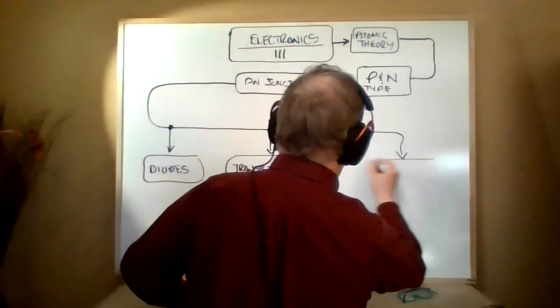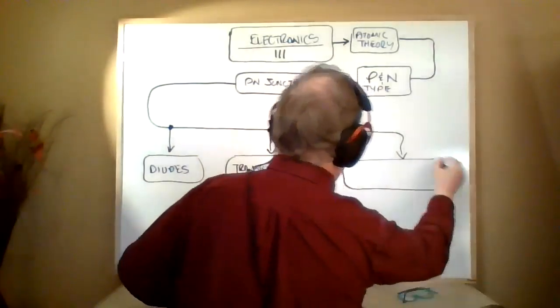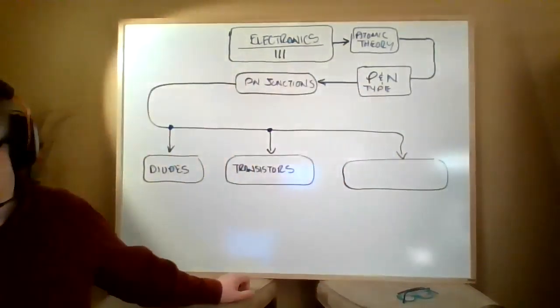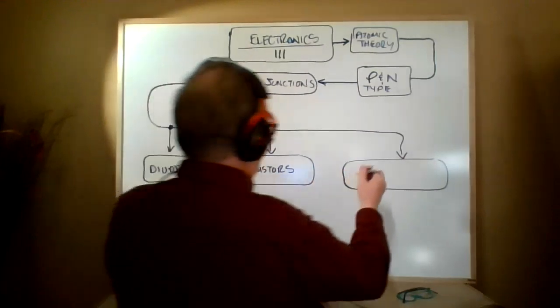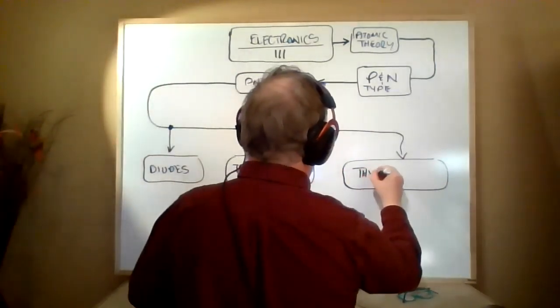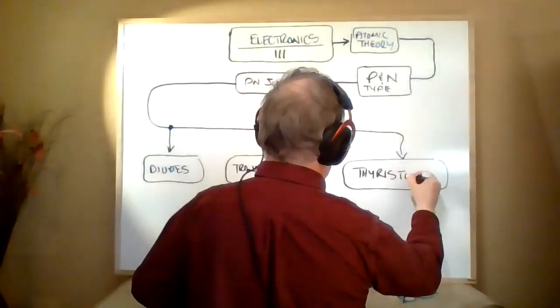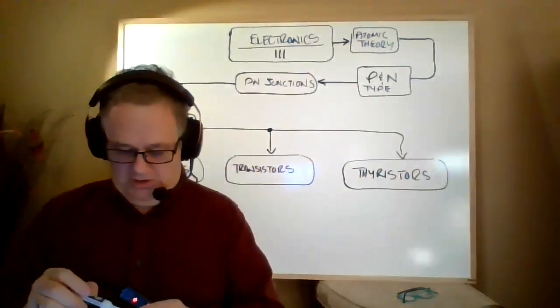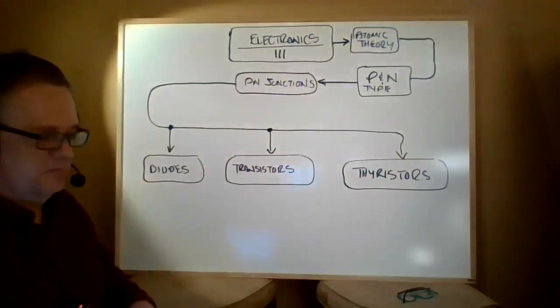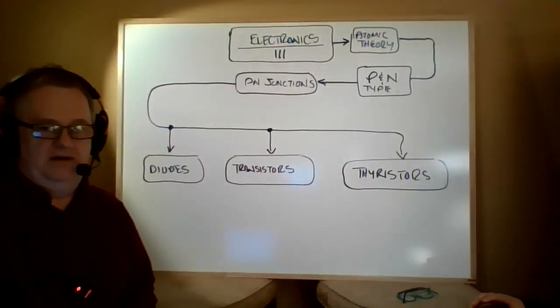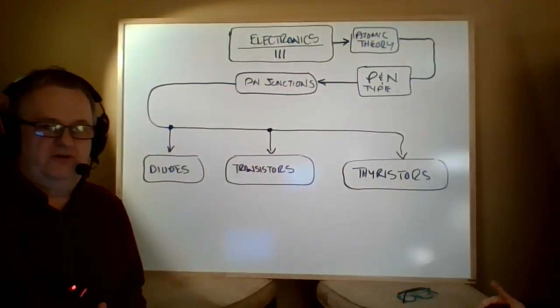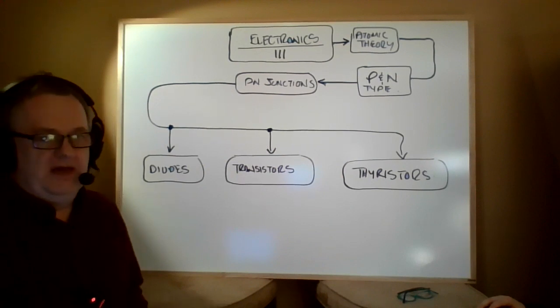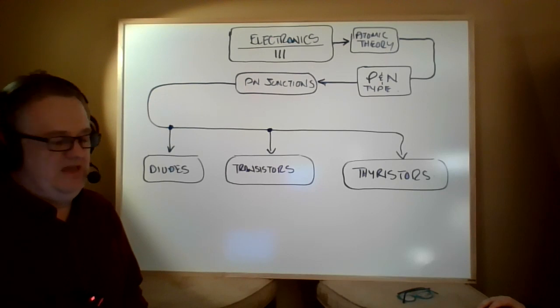And the third category, which is going to be right over there, is a group of components that we call thyristors. The thyristors have a different purpose. They operate quite a bit differently than just diodes or transistors. So those 3 categories are where we're going to go from the PN junction.